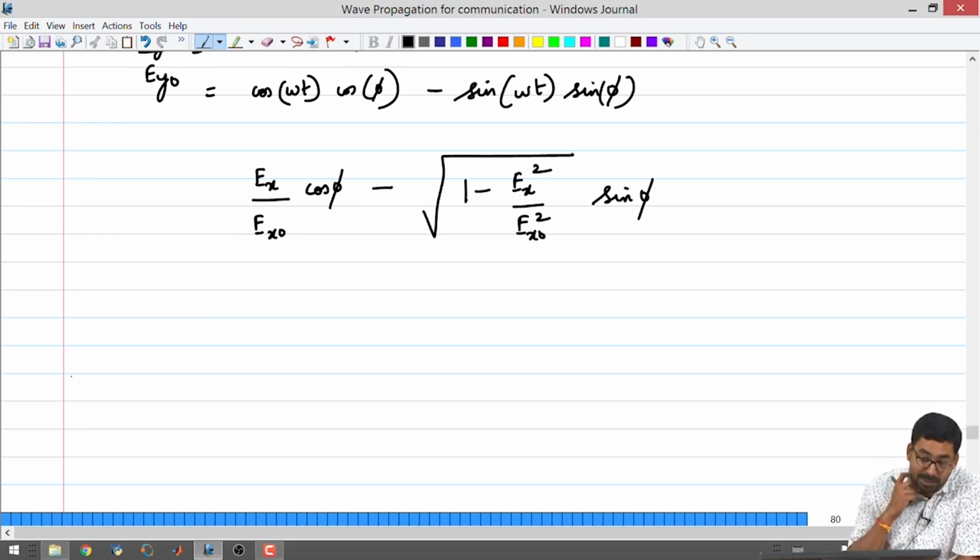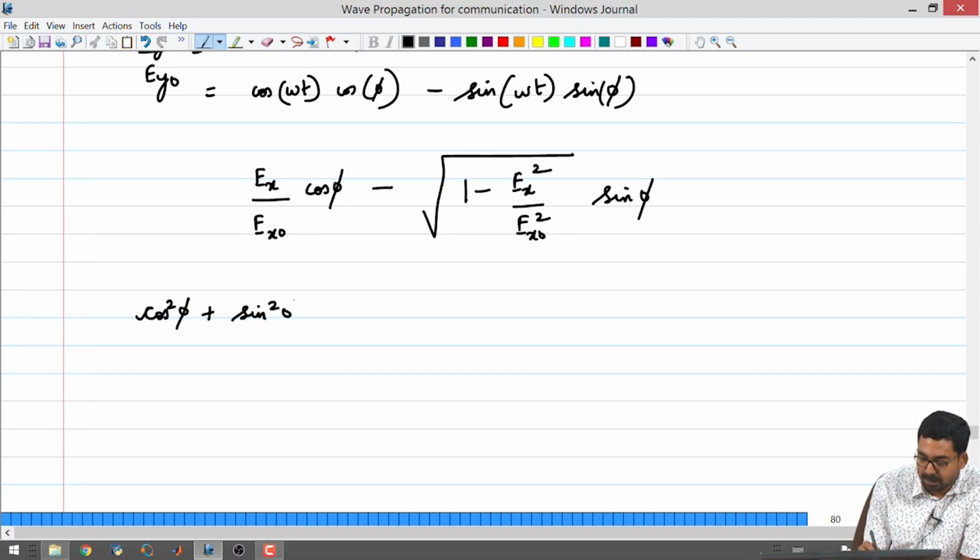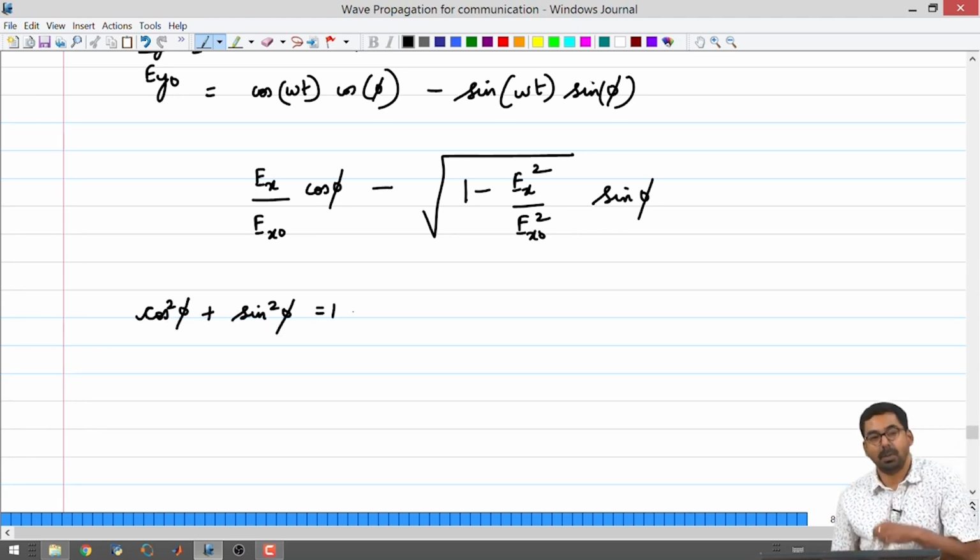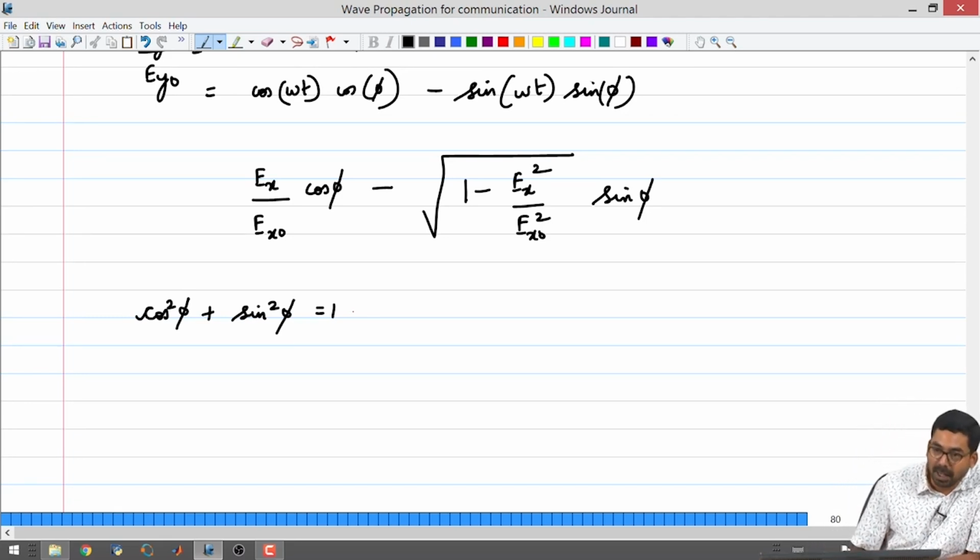So I know the phase is phi, so cos square phi plus sin square phi should be equal to 1. Can I use this equality to establish some relationship between Ex, Ey, Ex naught, Ey naught? If I am able to find out what cos square phi and sin square phi are and write this down in equation form, then I can substitute and have an equation for Ex, Ey, Ex naught, Ey naught.